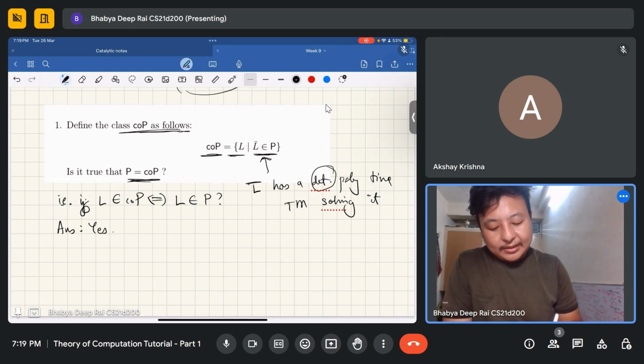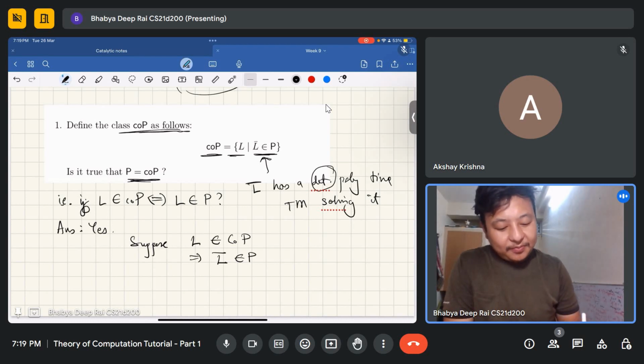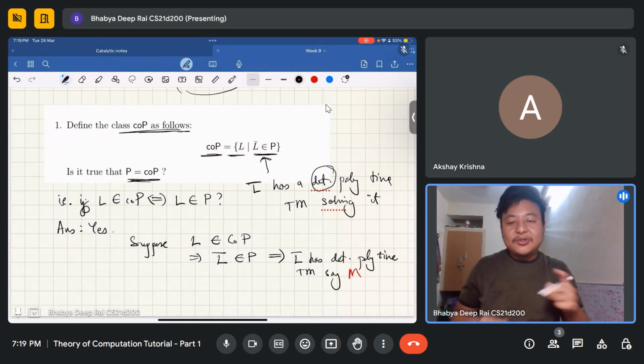Why? Suppose L belongs to coP, which means L bar belongs to P. If L bar belongs to P, then what does it mean? L bar has a deterministic polynomial time Turing machine, say call it M. M solves L bar.